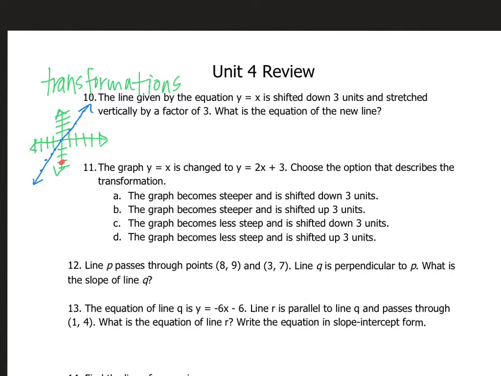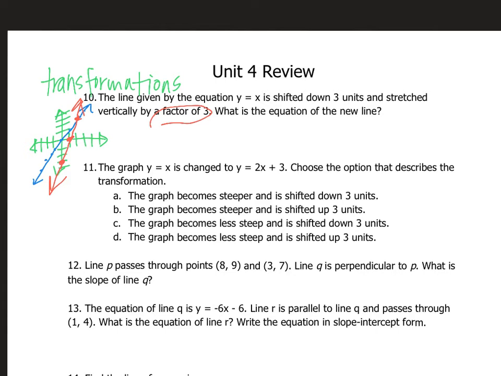And if it's by a factor of 3, then that means it needs to be steeper by 3. So this time we are going to use a slope of 3. So we're going to go up from our y-intercept 1, 2, 3 and over 1, up 1, 2, 3, over 1. Okay, and so this red line would be the line that is shifted down 3 units and stretched vertically by a factor of 3.